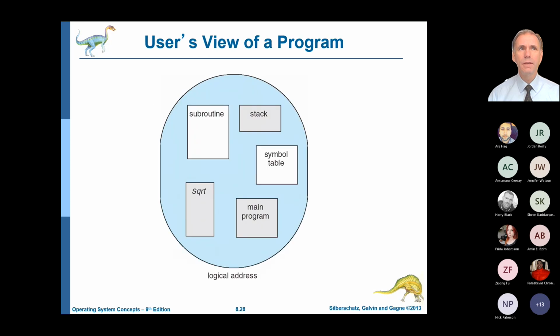If we think about our program like that, we can split up all these things, have them in different places: a function that calculates a square root, some data stored in the stack, the main program.